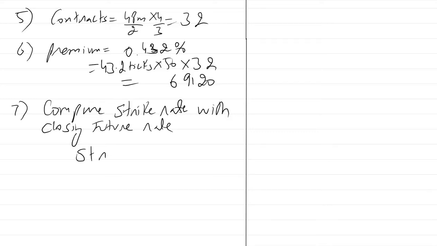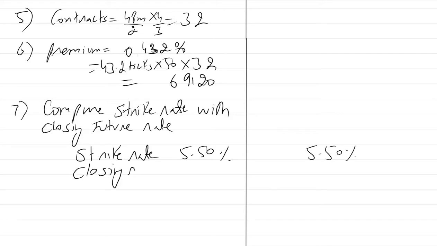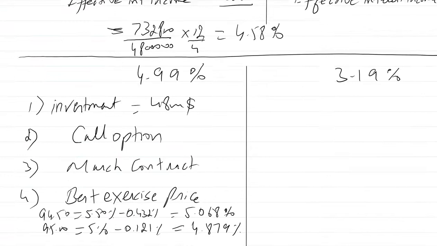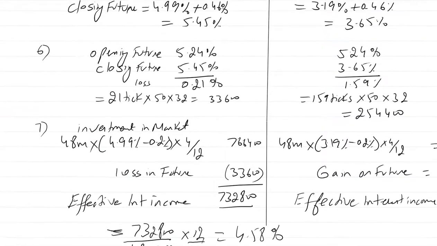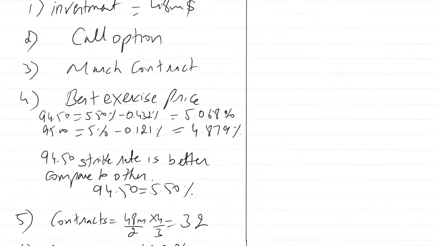So the strike rate is 5.5% and the closing future rate is, which you have calculated above in the part of future, and that is 5.45 and 3.65.